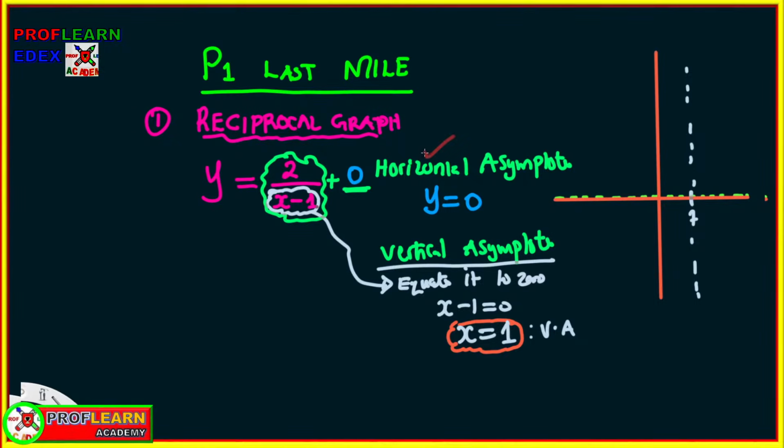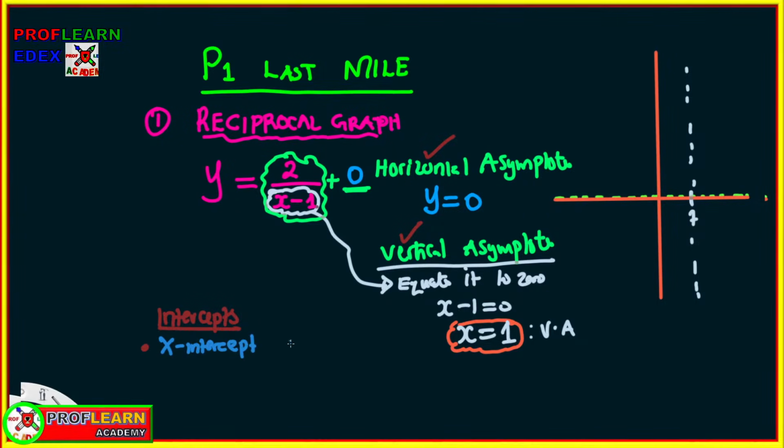After the horizontal and the vertical asymptote, find the intercepts. The first intercept that we are going to find is the x-intercept.